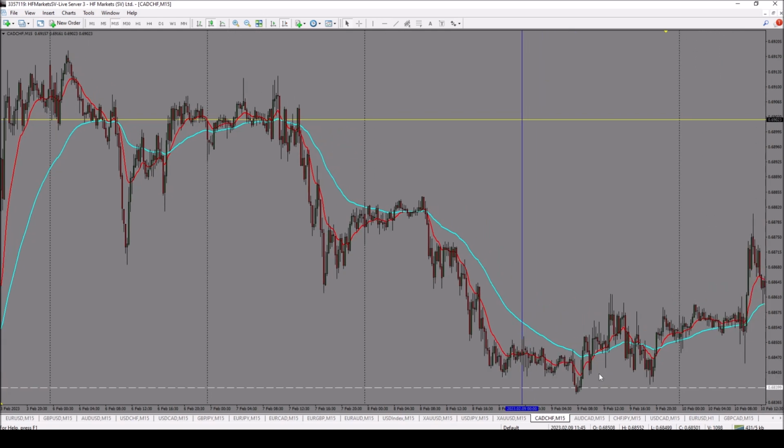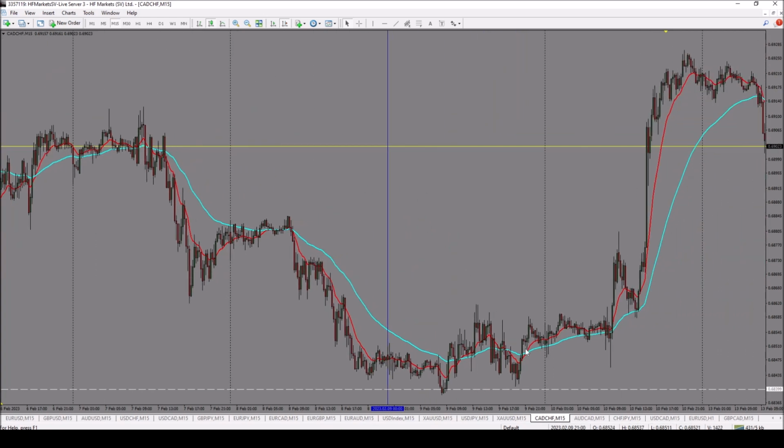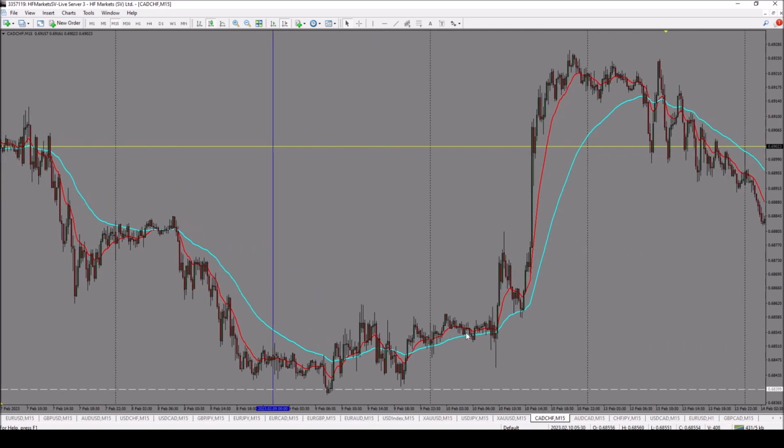A reverse is basically a change of direction of the market. After that change of direction, we need to see a crossover of the 13, which is in red, and the 50, which is in blue. After the 13 and 50 EMA cross, we can see the market went up. The crossover was issued here. The market went up. Therefore, our entry point will be a retest of the 50 and a close above the 13.